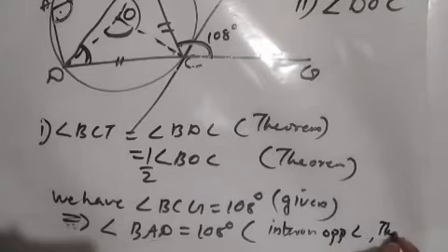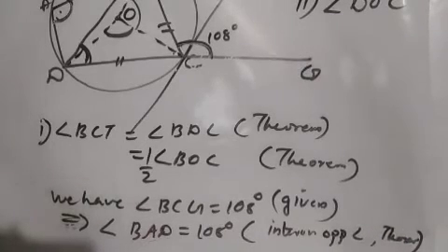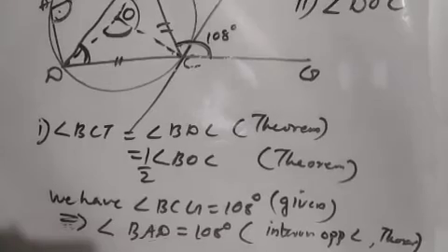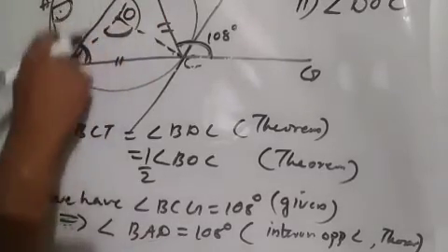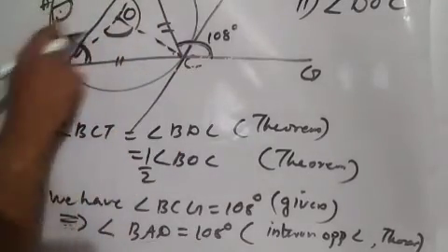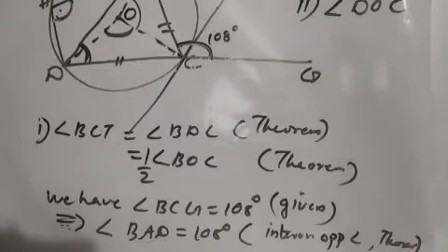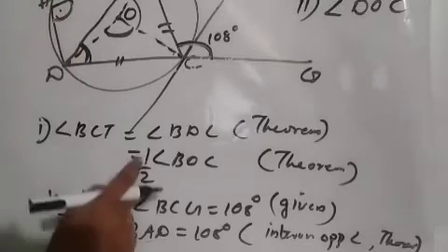That is also a theorem. What is that theorem that you learned in the chapter circles? The exterior angle of a cyclic quadrilateral is equal to the interior opposite angle. Okay. Thus, angle BAD is 108. One more theorem we have.